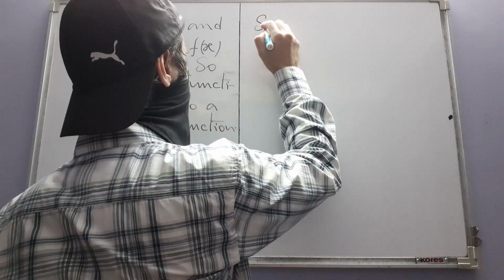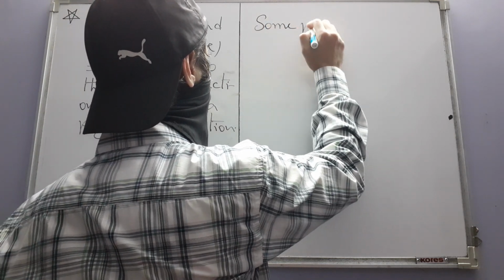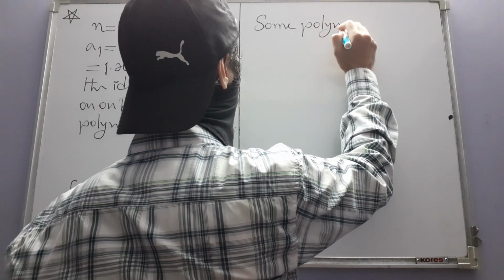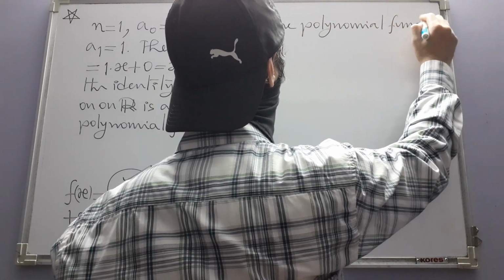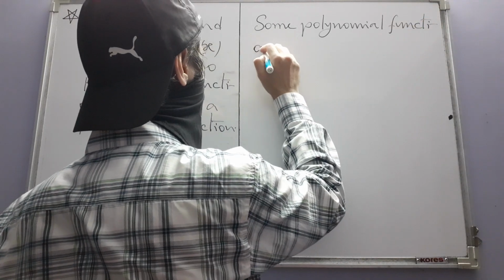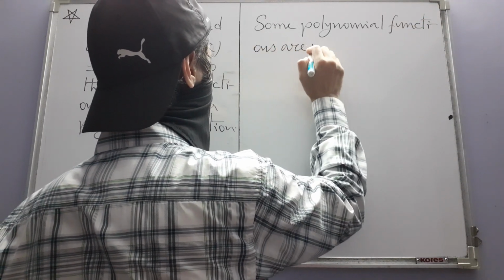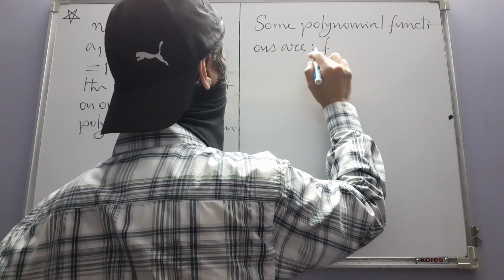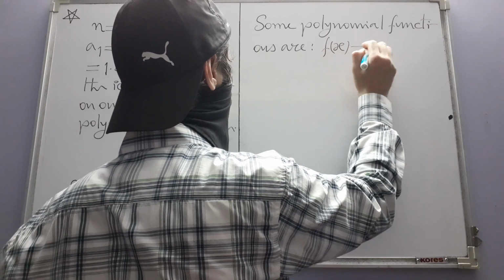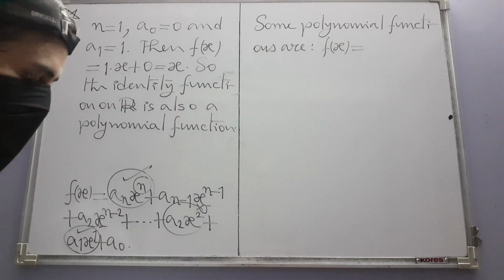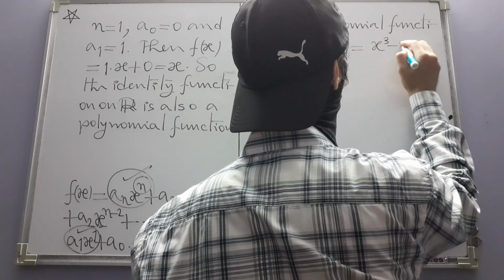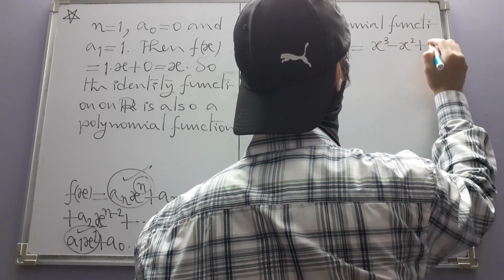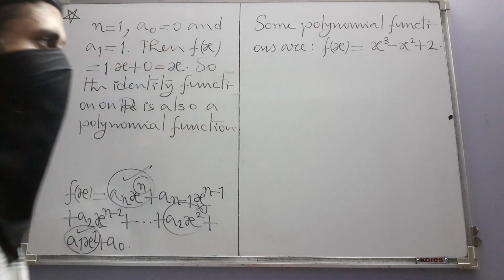Some polynomial functions are these. Say f of x equal to, you can take many examples but these ones are given in the text, x cubed minus x squared plus 2.